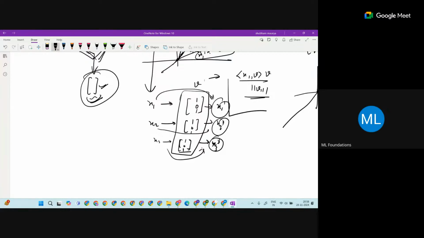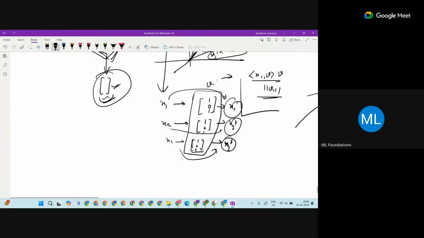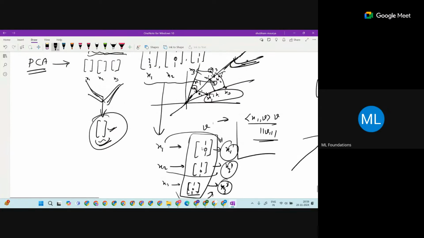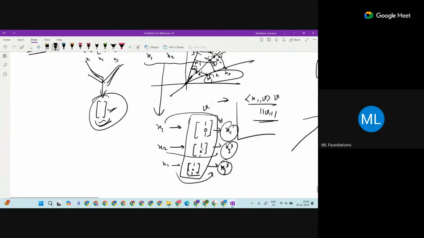Also there is the word maximum variance. You already studied variance in Stat 2, so you know what variance is, and I already told the use of variance in the PCA lecture. I don't want to repeat it again.